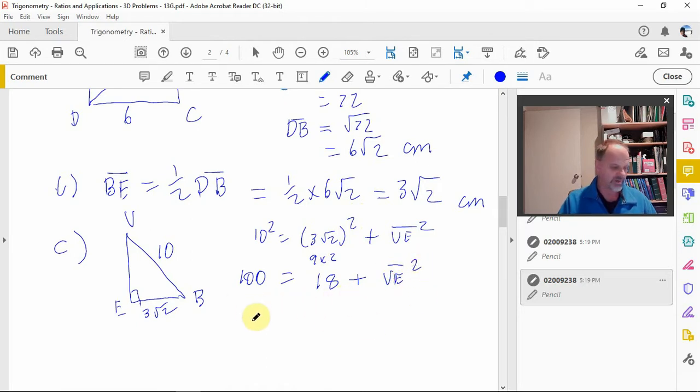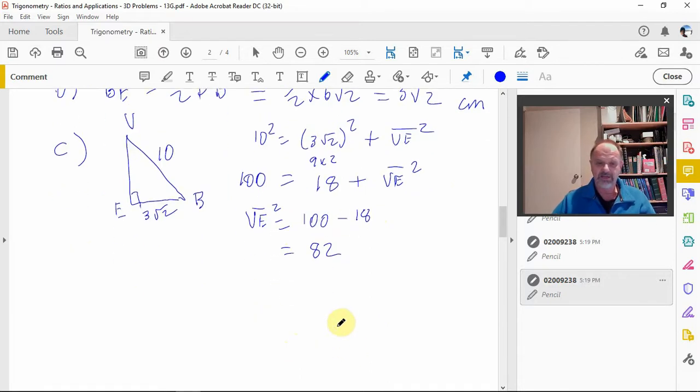Take 18 from both sides, so V to E squared is 100 minus 18, which is 82.